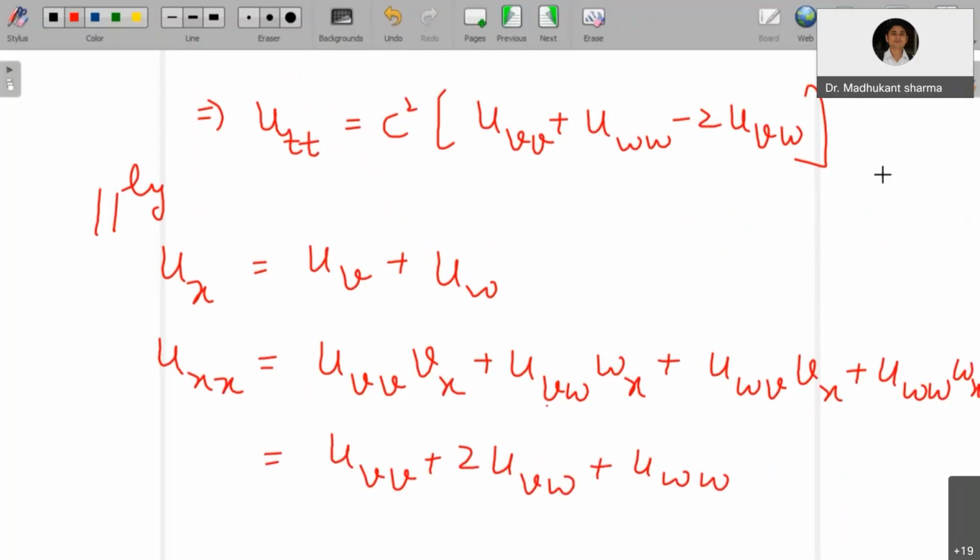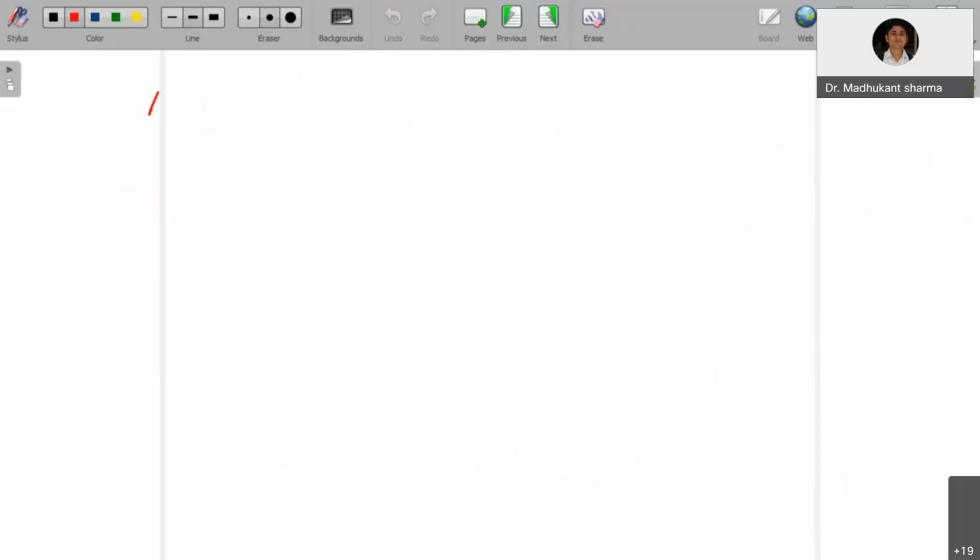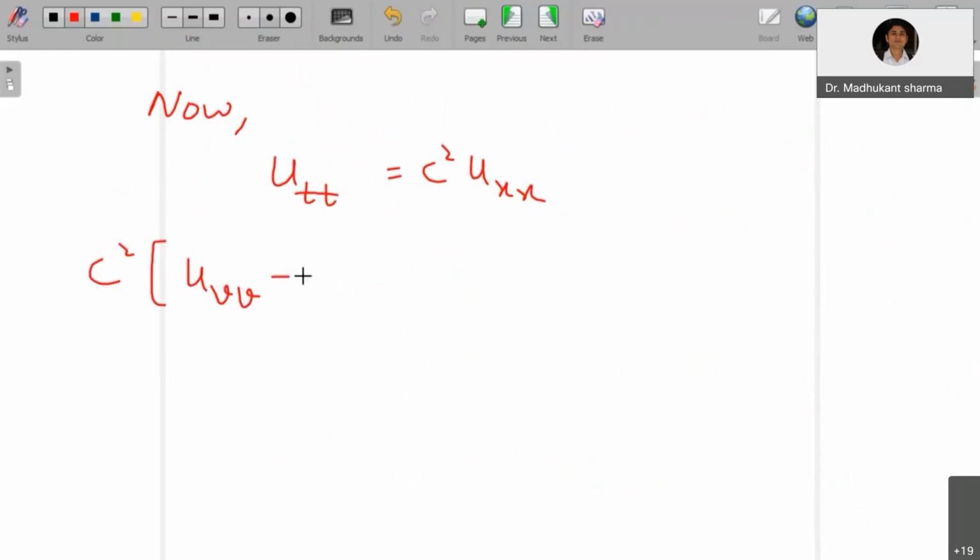Now you have equation number 2 and equation number 3, and so now u_tt equals c squared times u_xx. Use this factor. So u_tt is c squared times (u_vv minus 2 u_vw plus u_ww), if I recall correctly.